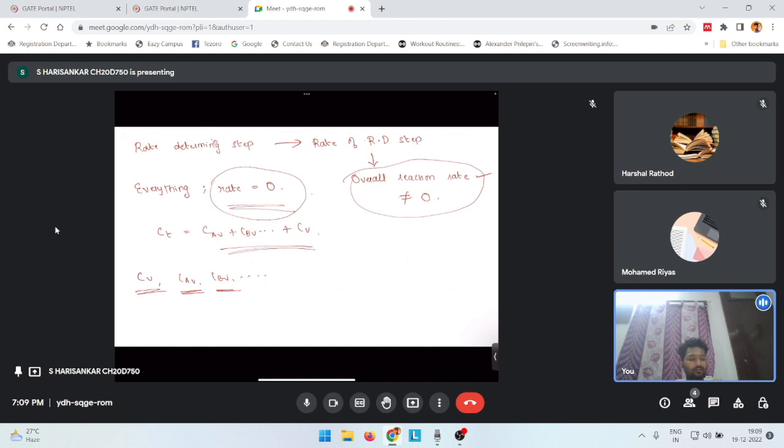For that only we are writing all those reversible reactions and their rate equations, and doing all these mathematical manipulations. Our basic aim is to just eliminate these terms from the overall reaction rate. And after eliminating, whatever term you are getting will be your overall reaction rate. That is basically the aim of this last question, right?